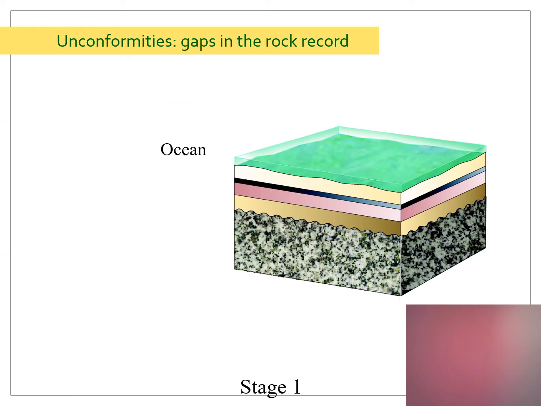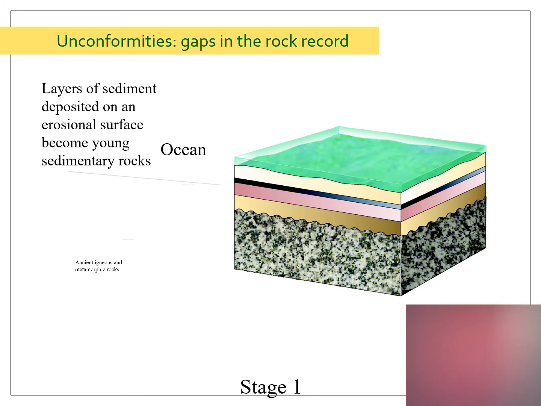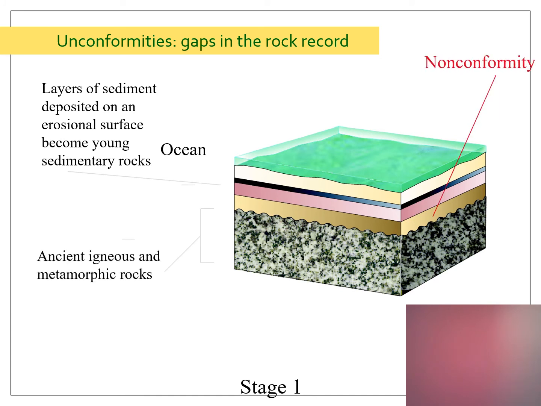All right, so this is some stepped art here that will show you all three different types of unconformities. We start out here with what looks to be metamorphic or igneous rocks down here, and we have an ocean that has transgressed, and we have sediments that are being deposited on top of those rocks.